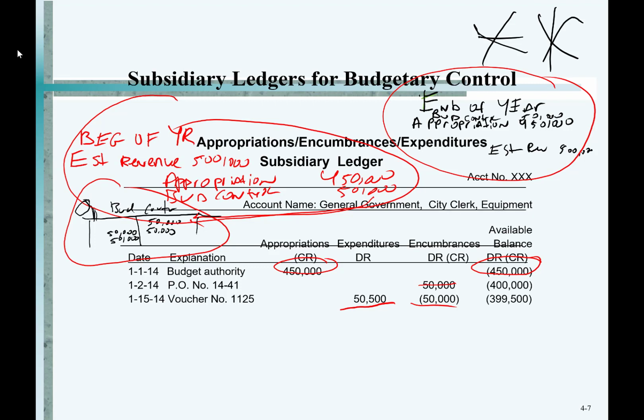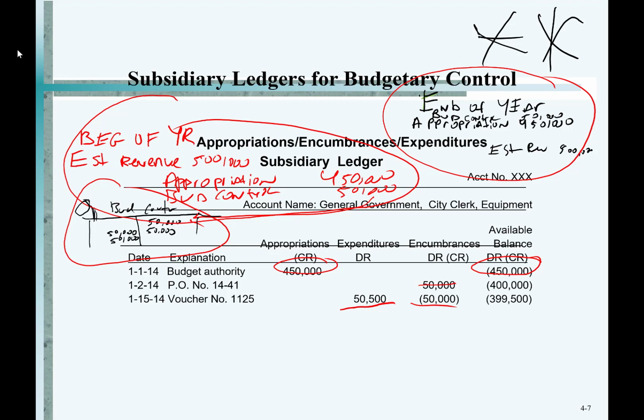Now, I'm going to go ahead and tee up Bud Control here, which, by the way, you see right here. I've also teed it up there. And when I teed it up, I'm going to follow to see what happens to my budgetary control account. Let's see if I can bring this down a little bit.